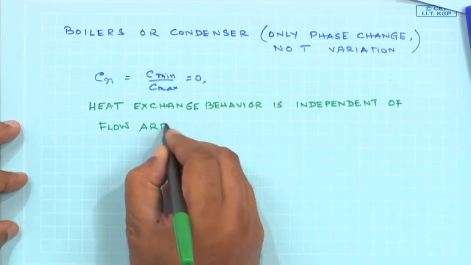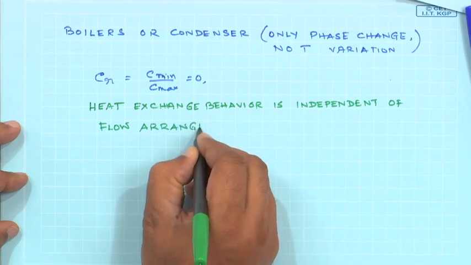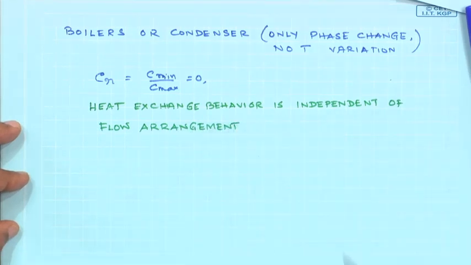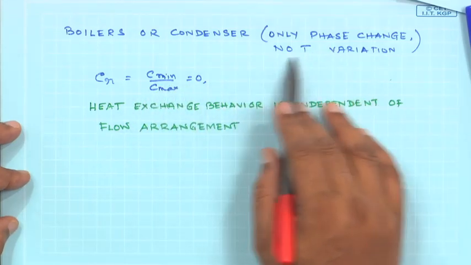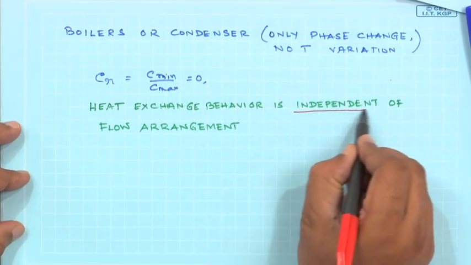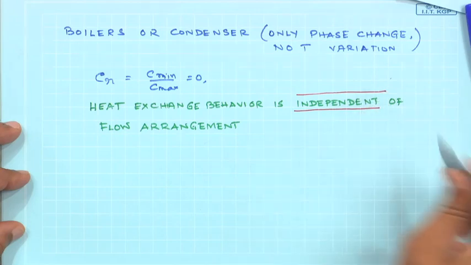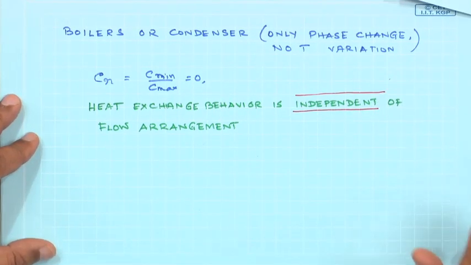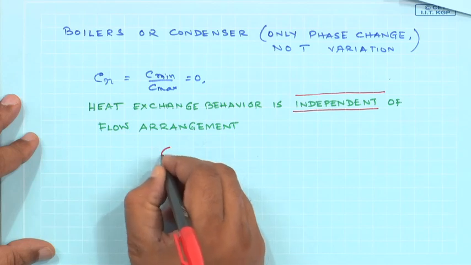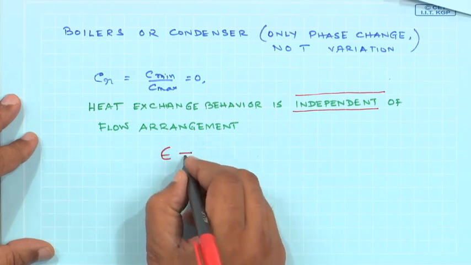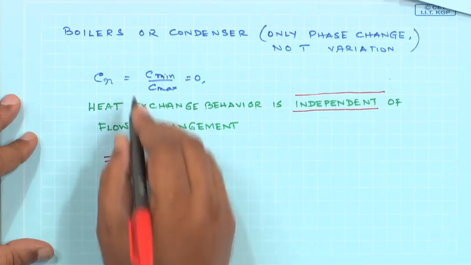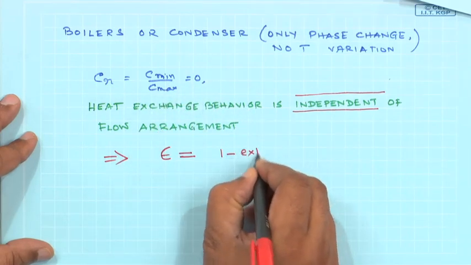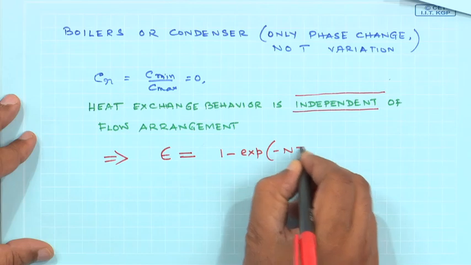So, it does not matter if it is parallel flow or counter flow, because that concept does not apply when the temperature of one of the phases is remaining constant. Essentially, the heat exchanger behavior is independent of the flow arrangement, and from the previous expression you can clearly see that where this is 0, this would lead to 1 minus exponential of minus NTU.